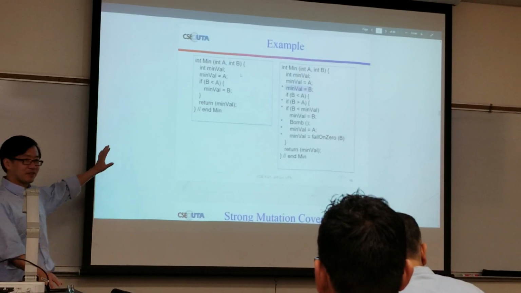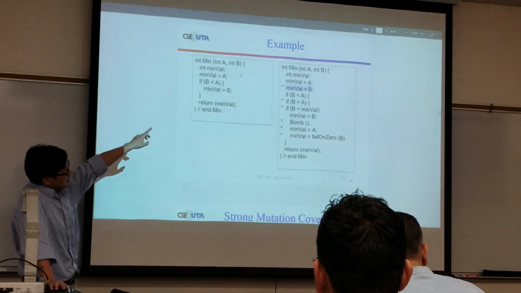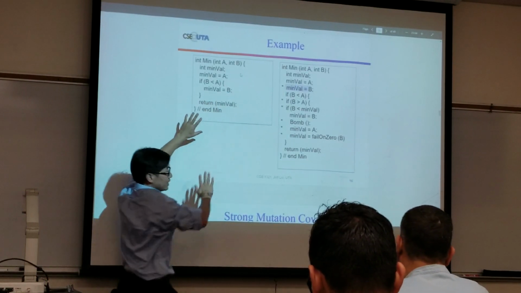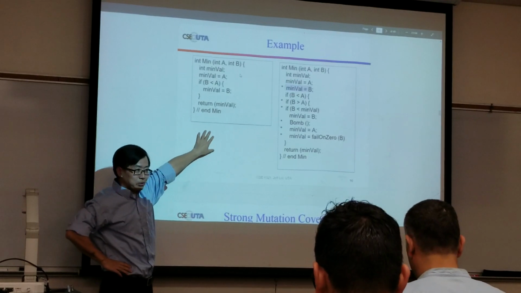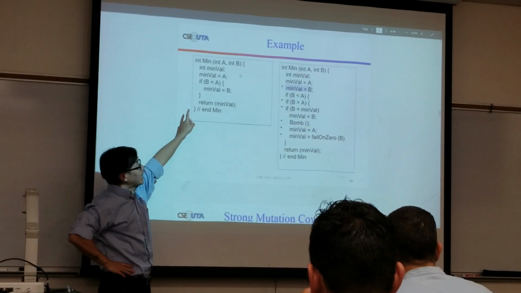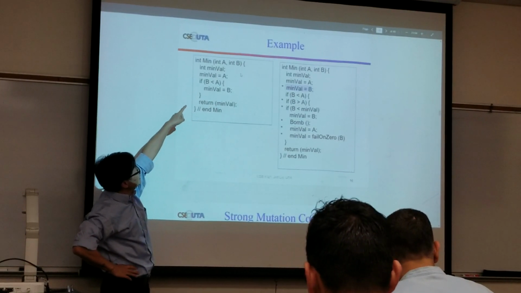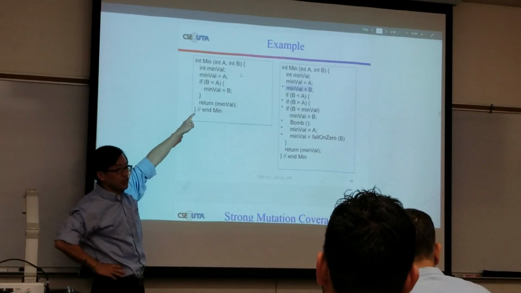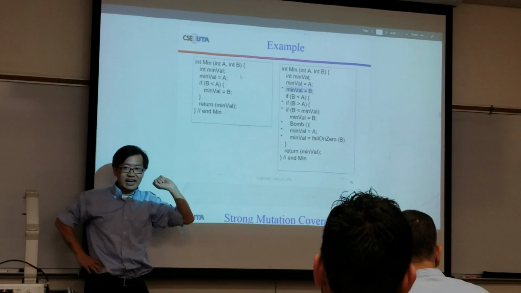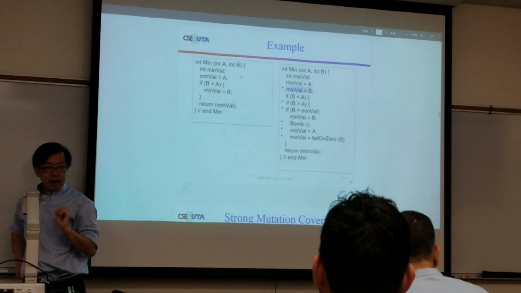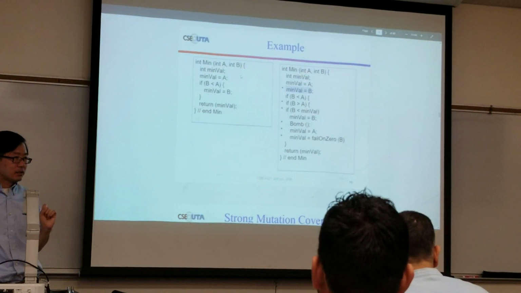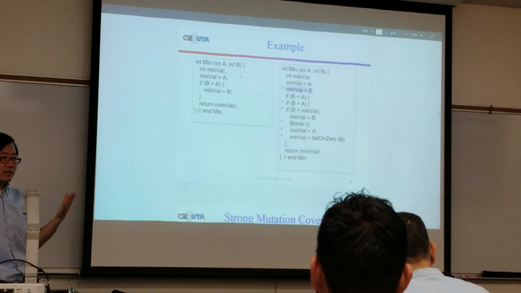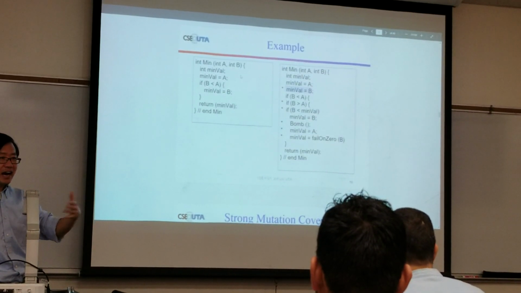Can you see that? See here, imagine the mutant would be exactly the same as this program. The only difference is that the first assignment is mean value equals b instead of a. So that represents a bug in the sense that the programmer may have made a mistake.